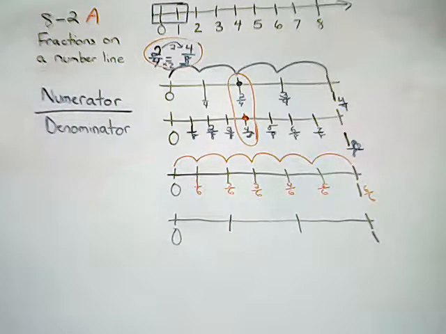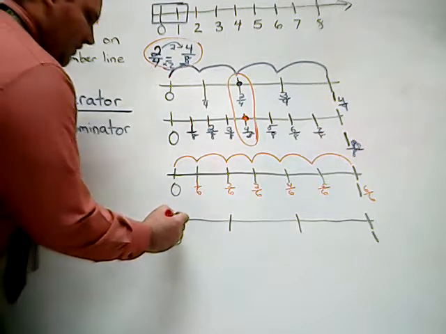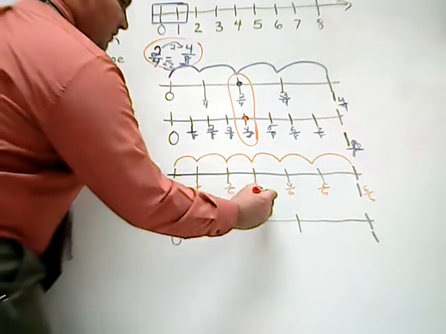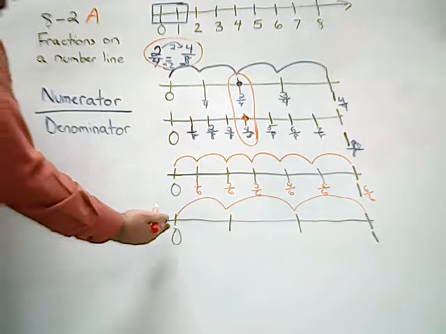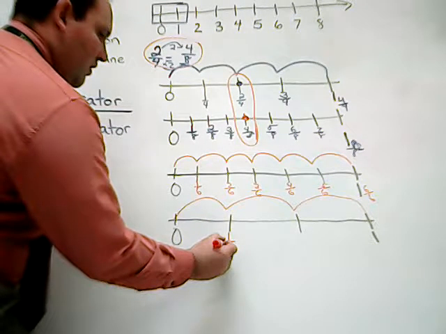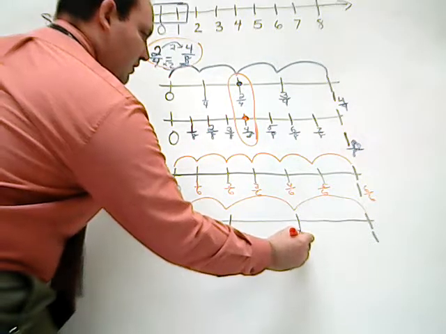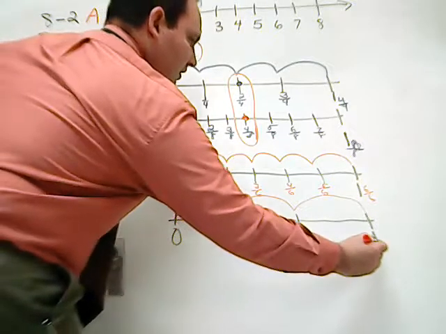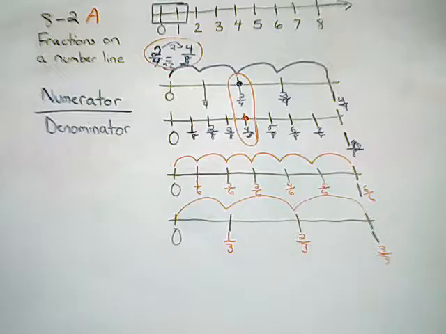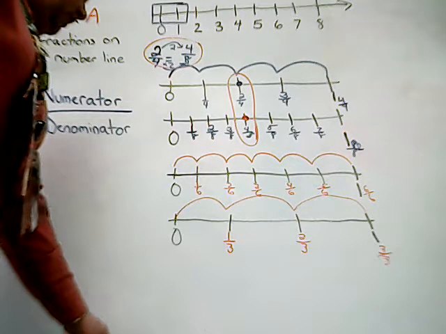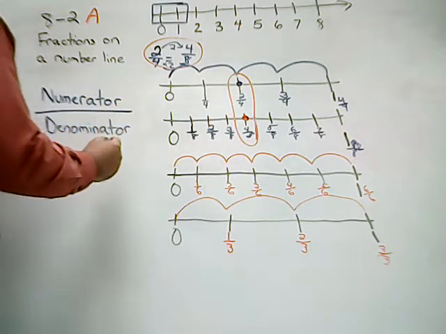My bottom number line is broken into 1, 2, 3 equal pieces. So this is broken into thirds. 1/3, 2/3, and 3/3.